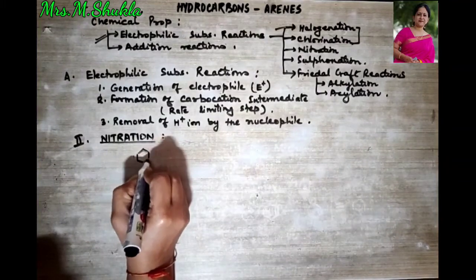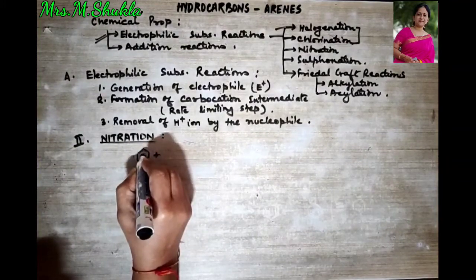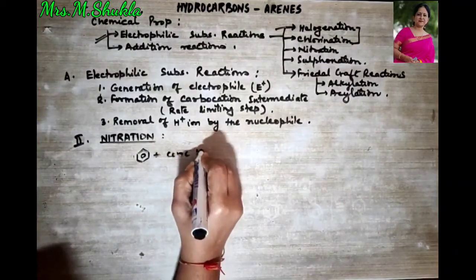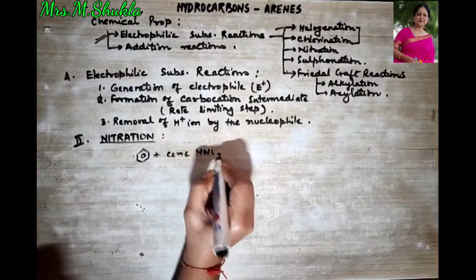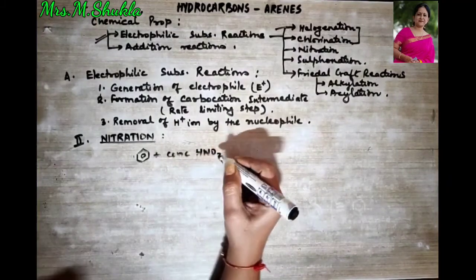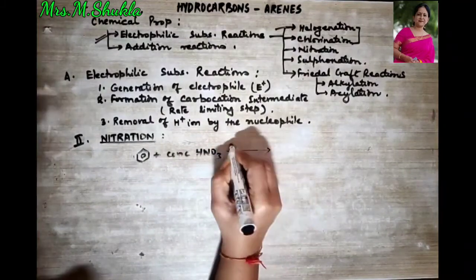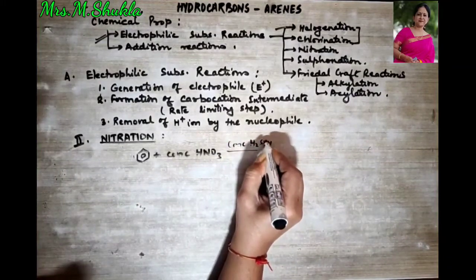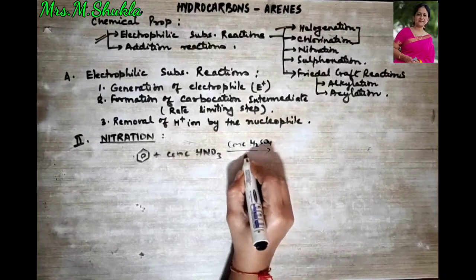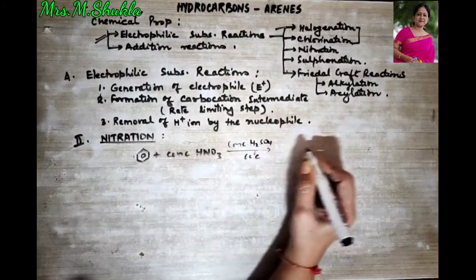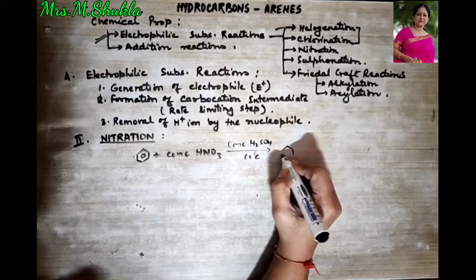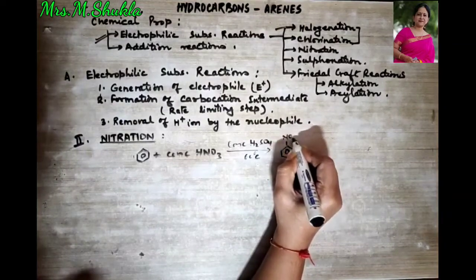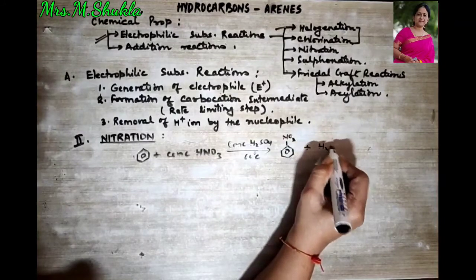The benzene is treated with concentrated HNO3 in the presence of concentrated H2SO4 at 60 degrees Celsius, and here it forms nitrobenzene. Okay, NO2 plus water is formed.